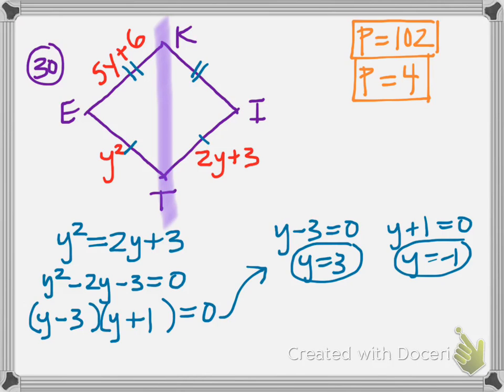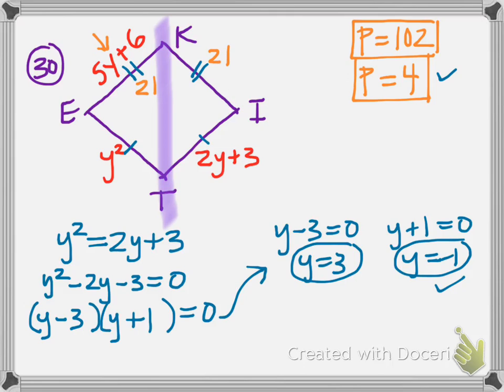Now y is -1 was one of the solutions when we solved it the other way. So we've already evaluated this solution. That gave us the perimeter of 4. Now we just have to evaluate when y is 3, and then we're done. So again, if we plug in 3 for all our y's, for 5y plus 6, we get 5 times 3, which is 15, plus 6 is going to give us 21 here, which means this other side is going to be 21.